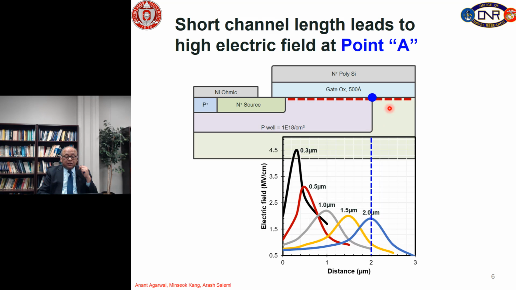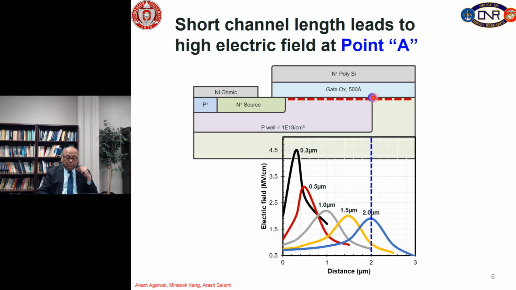So, if we look at the electric field at this point, which we call point A, right here where my laser marker is, and we look at the electric field at that point when the drain voltage is high, like 1200 volts, full blocking voltage, what happens to the electric field at this point as a function of channel length?